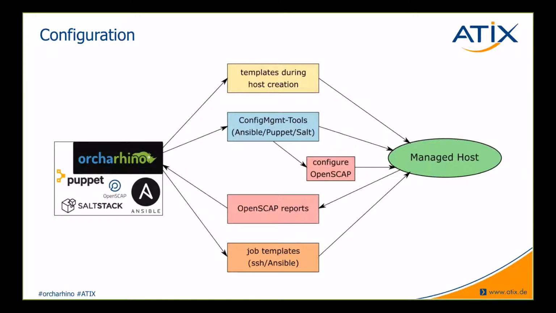And in the last part, you can use so-called job templates, which have different providers, SSH and Ansible, where you can directly run scripts on your host, and these scripts can be in the form of an Ansible playbook or of a bash script, which is then performed via SSH.